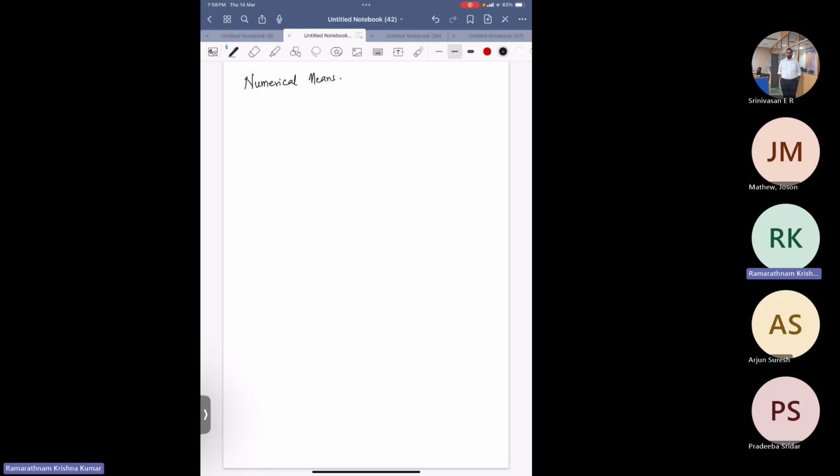I'm going to solve this in terms of numerical means. Instead of being very rigorous, I will give you a very simple idea of what a numerical means is.